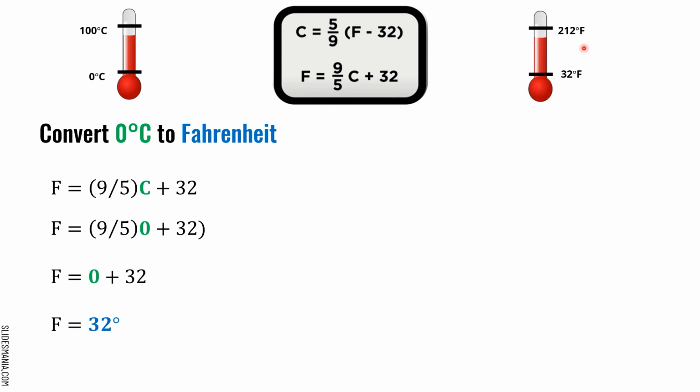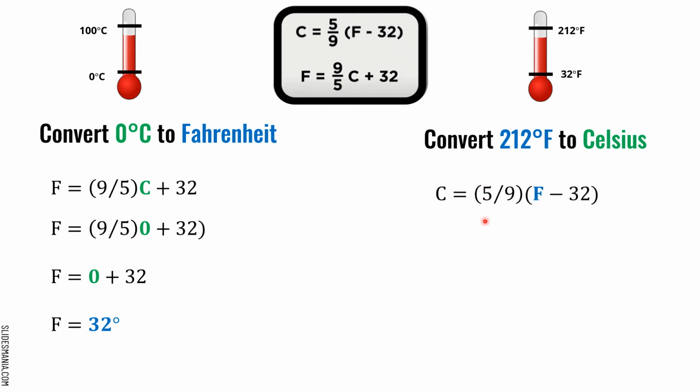What about if we convert 212 Fahrenheit into Celsius? We must get 100 degrees Celsius. To convert this one, we will use the equation for Celsius: 5 over 9 times the quantity of F minus 32.